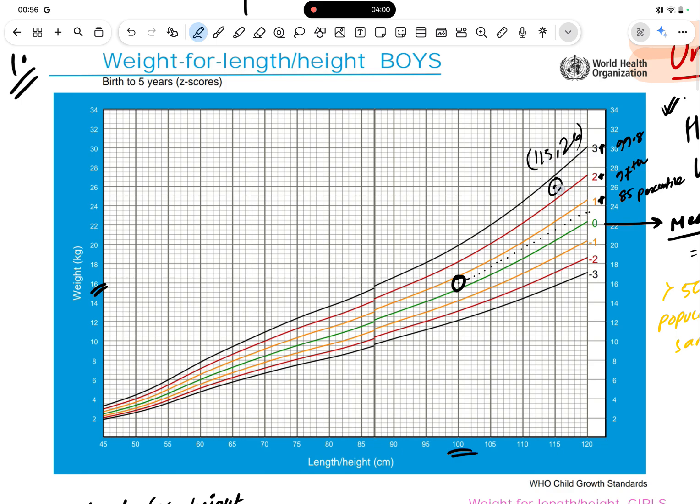So it is falling here. Okay. So if we trace it, it is falling between plus 2 and plus 3 standard deviation. What does it mean? It means that the weight of the child is more than 97th percentile of the population of the same age and sex.